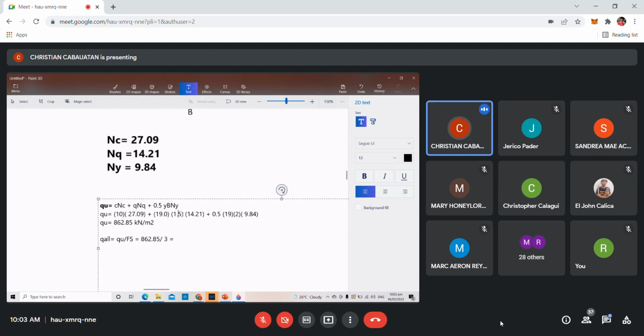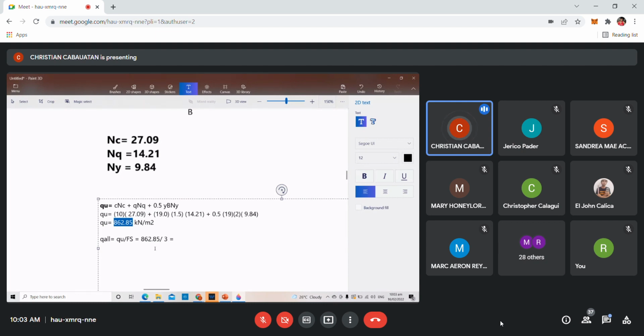Sorry. Oo pala, 1.5. Okay. Namali tayo ng in-input. Okay lang? So, na-derive na yung 862. Yes, sir. Okay. So, sorry doon, napindot ko lang yung 2 kanina. Hindi ko na napansin. Okay.